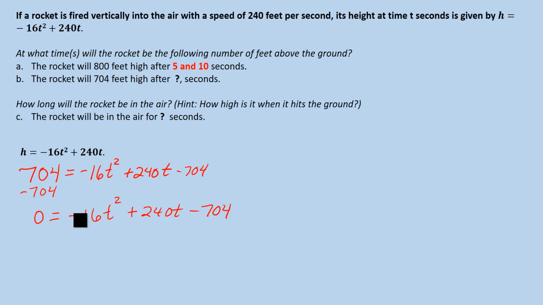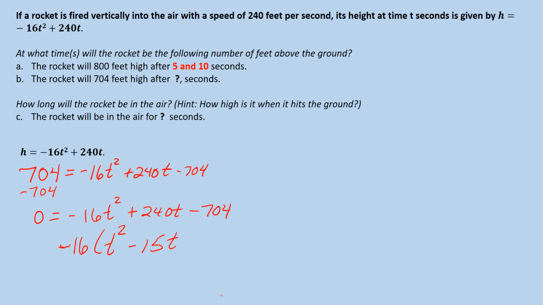Now I want to find the greatest common factor again. I'm going to start with 16 and see if I can pull 16 out of each of these numbers. So we're going to factor out the negative 16 again so that my t squared becomes positive. 240 divided by 16 is still going to be 15t, but now my positive 240 divided by negative becomes minus 15t.